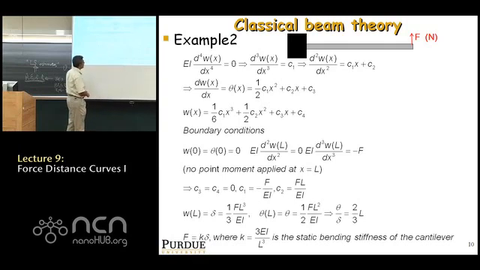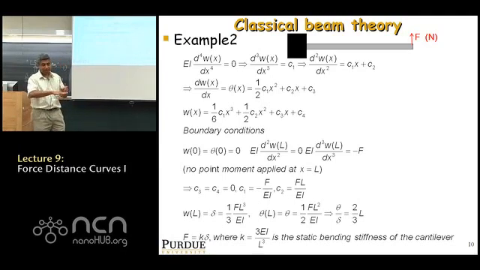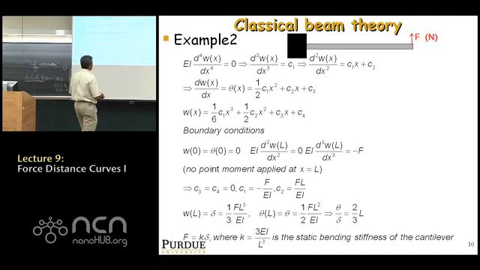Now, one important thing to note is that the ratio of the angle that you get at the end to the actual deflection delta at the end is 2/3 L. This is sometimes called the optical lever length, because remember, what you measure in an AFM with the photodiode is the angle theta, but you're inferring delta, the actual deflection, because the relationship between theta and delta is a geometric quantity connected to the length of the cantilever.